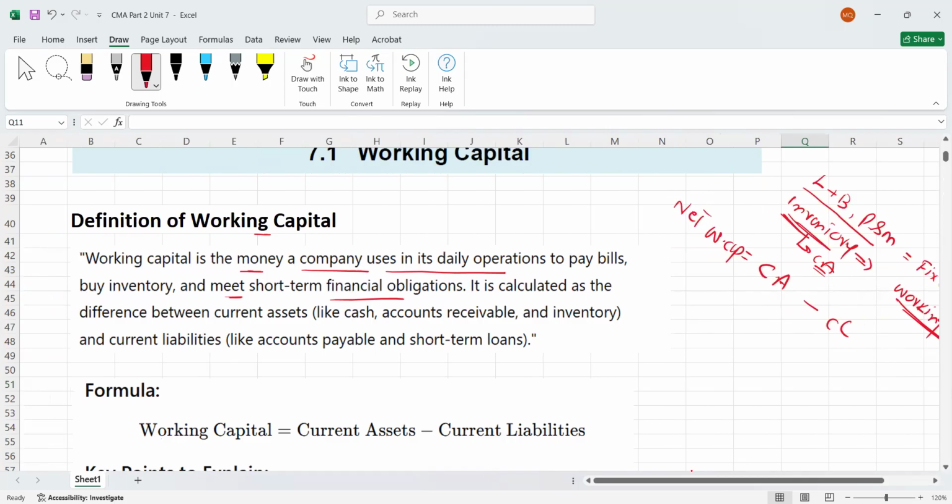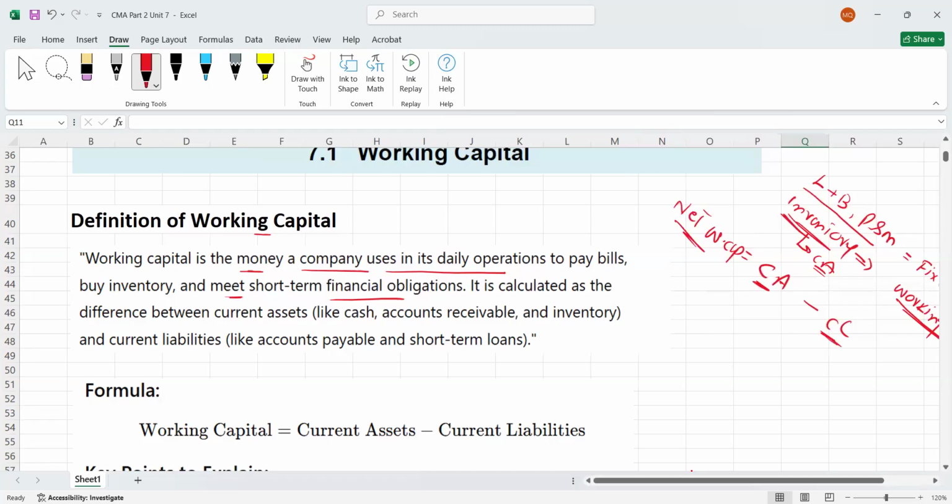But when we say net working capital, the final amount of working capital, you take current assets minus current liabilities. So please don't mix it up. Generally we say working capital is the investment in current assets, but when we calculate net working capital, we take current assets minus current liabilities.